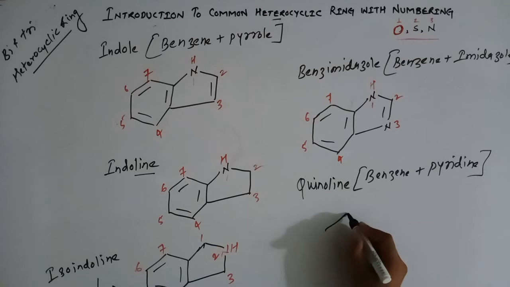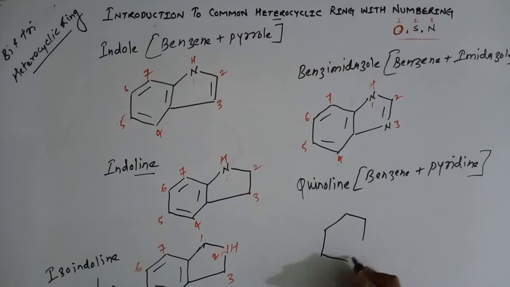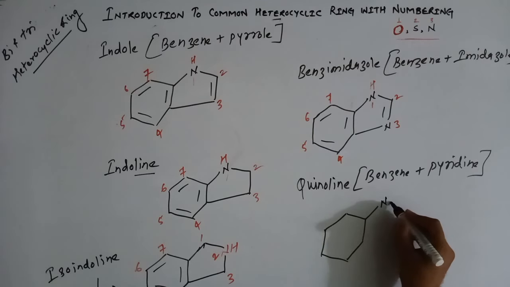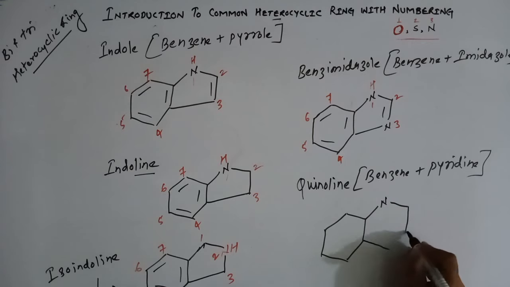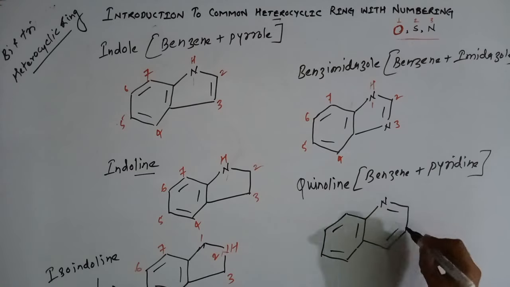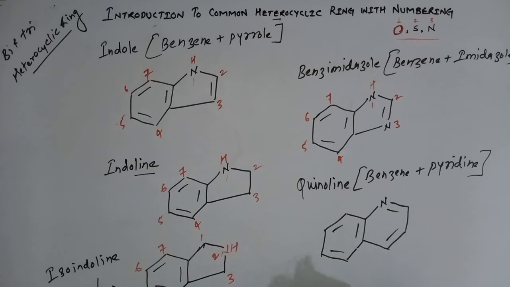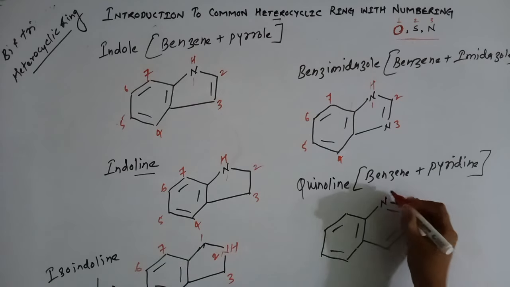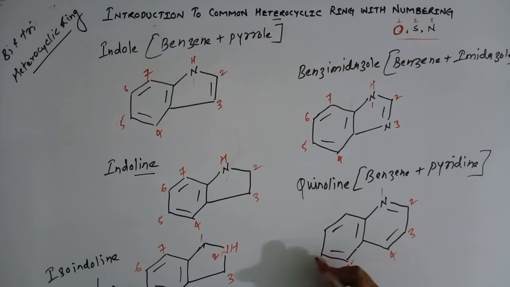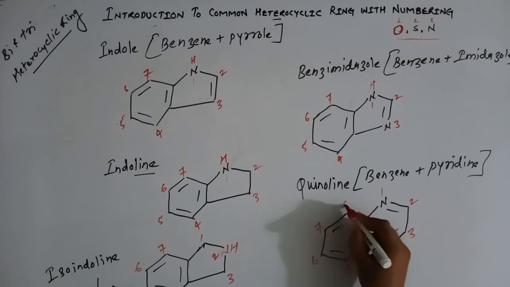So here this is your benzene and this is your pyridine. Again, the numbering starts from this nitrogen: 1, 2, 3, 4, 5, 6, 7 and 8.